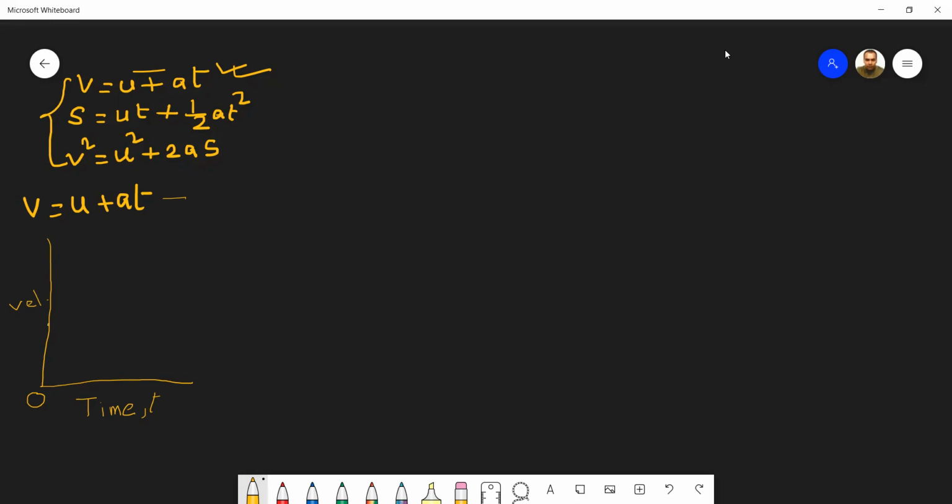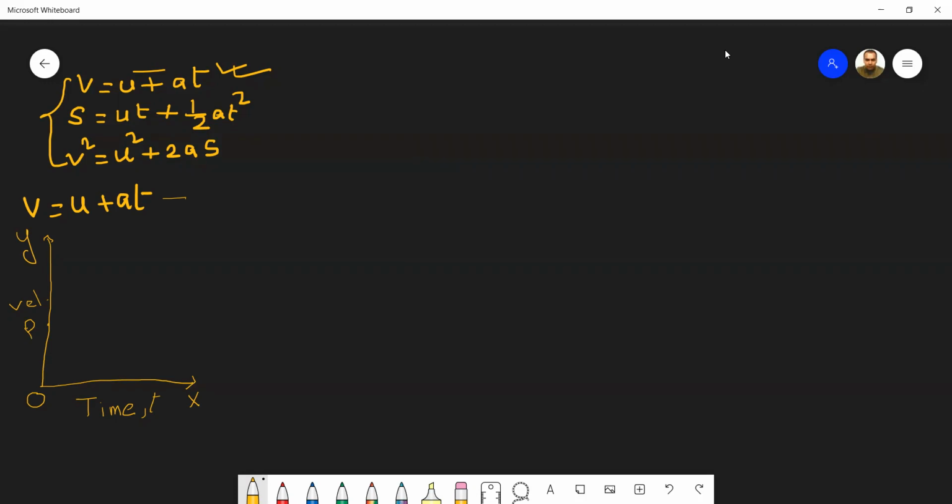Let us consider a point here, maybe P, the point P, which is along the y-axis. Let me consider this to be the y-axis and this to be the x-axis. That means along the x-axis we plot time, and along the y-axis we plot velocity.